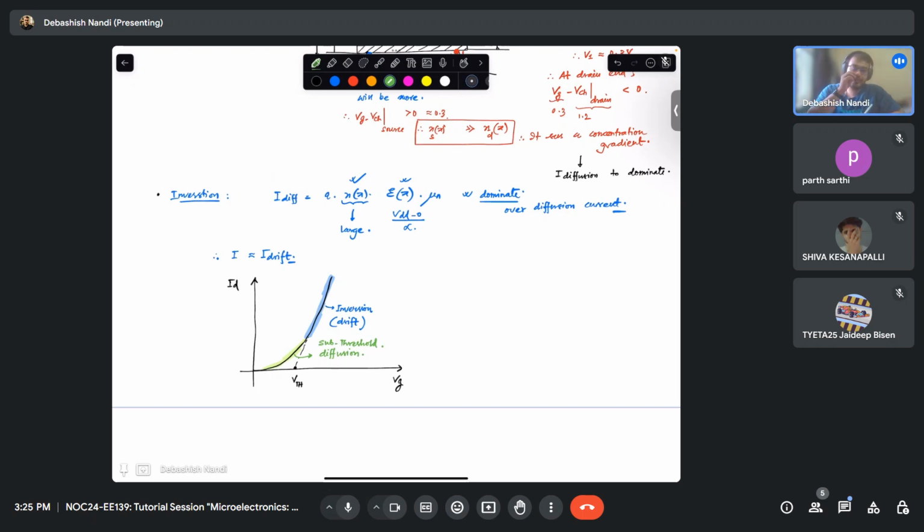Now it is not sufficient to look at only the linear plot. Okay. So what we will do, we'll plot Vg on this axis and we'll plot log 10 of ID. So how will this plot look like? This will look something like this.